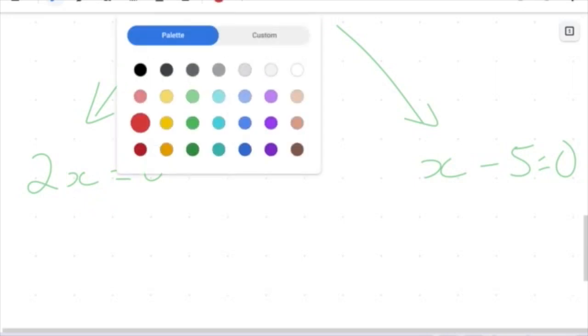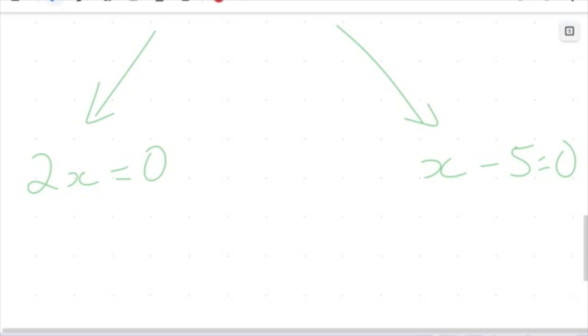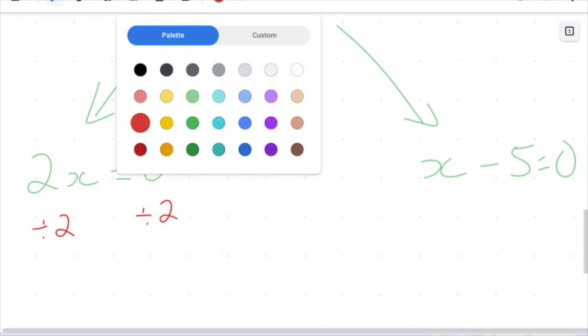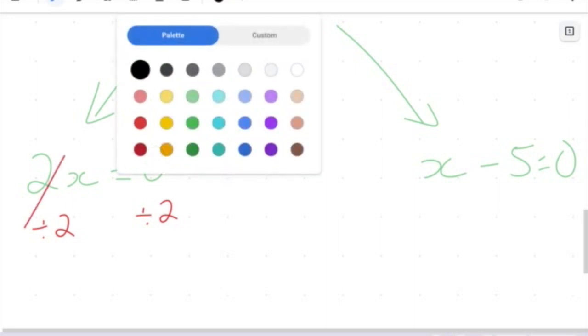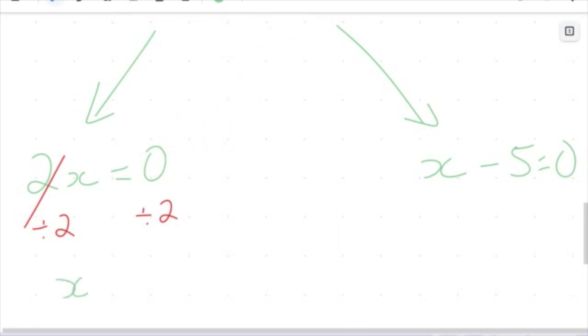We can also get to the same answer by solving the equation. Here we have 2 times x, because in algebra, writing 2x is a shorthand for 2 times x, or 2 lots of x. So we're going to do the opposite operation, divide both sides by 2, and on the left-hand side, that's going to undo this multiplication here, and I'm left with x on the left, and 0 divided by 2 is going to give me 0.